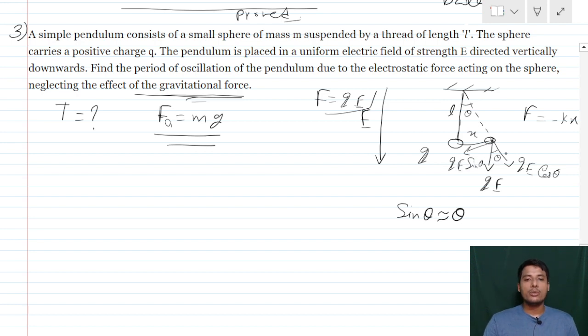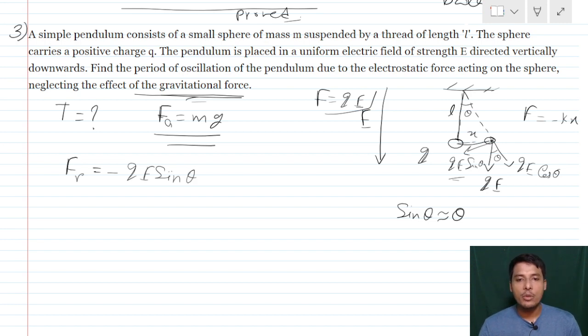We have seen that when a simple pendulum bob is displaced, there must be some restoring force. The restoring force you can write as Fr. Here also, there is only one component of the QE electrostatic force that provides the restoring force, that is QE sin theta. Then we can easily write Fr equal to minus QE sin theta. Now let me see the value of sin theta here, because theta is this angle, and this is L and x.